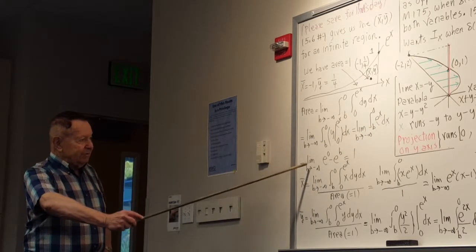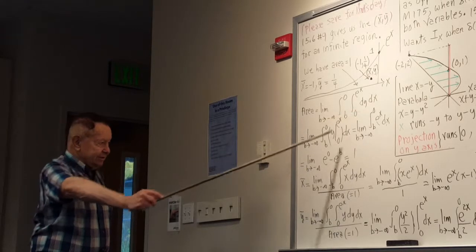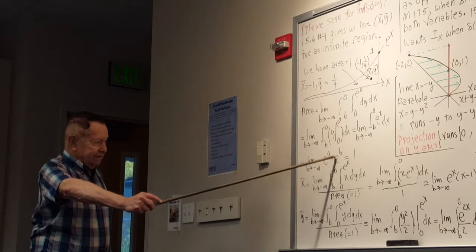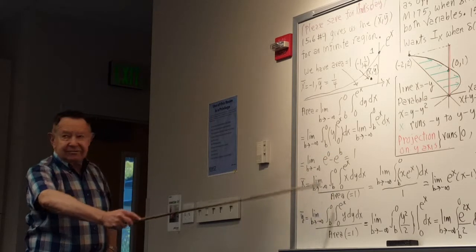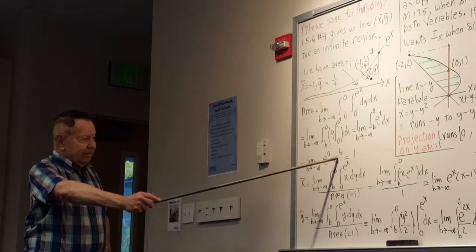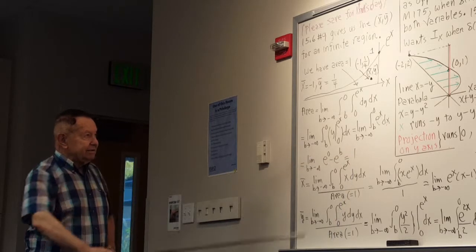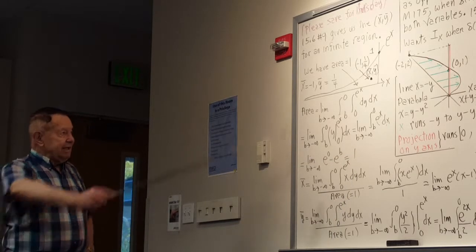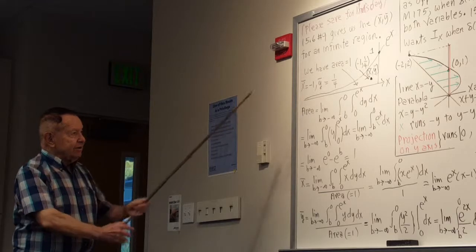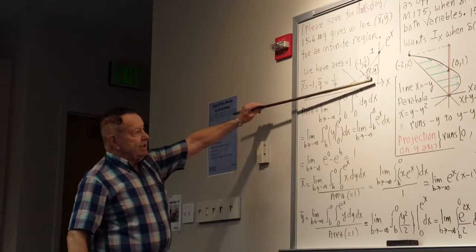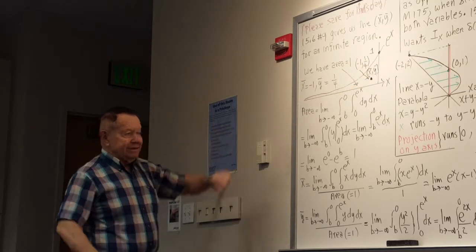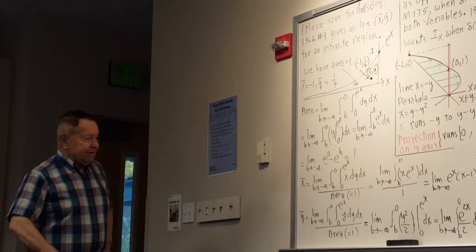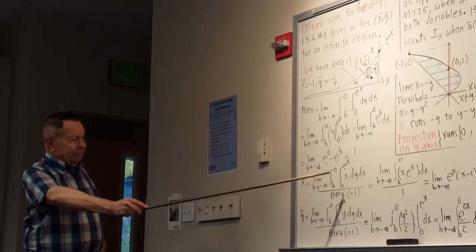So you want the limit of e to the 0, which is 1, minus the limit of e to the b as b goes to minus infinity, and that's 0. So your area is 1. So you have this curve that extends indefinitely to the left, and the area under it is 1.